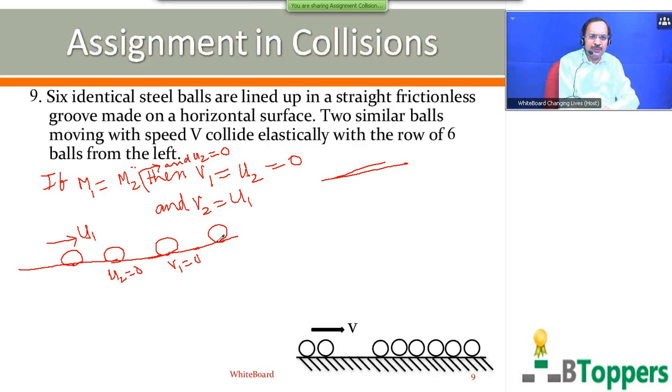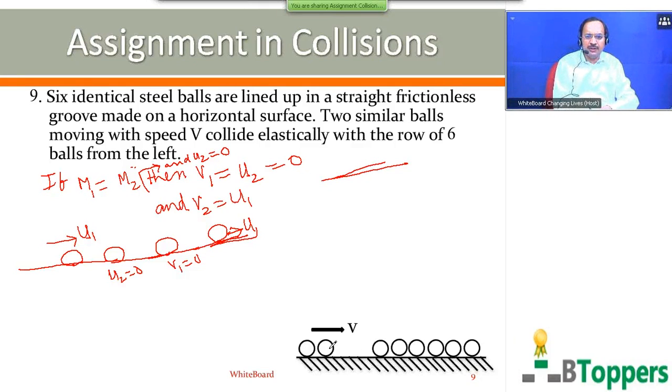The second one which was originally at rest will start moving with the original velocity of the first ball. So here you have 6 identical balls, all have same mass. So whenever one ball collides with another ball at rest, the moving ball stops and the ball which was originally at rest will start moving with this velocity v.